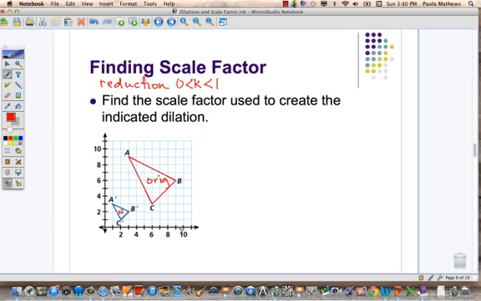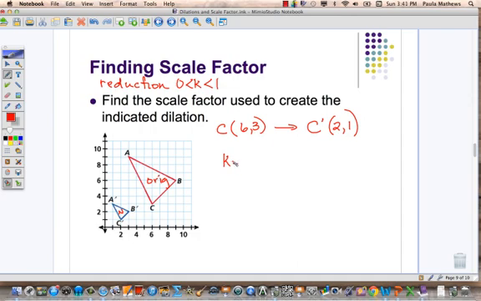So this time, let's pick point C. So point C is currently at 6, 3, and it has gone to the ordered pair C prime, which is at 2, 1. And so I need to find that scale factor.